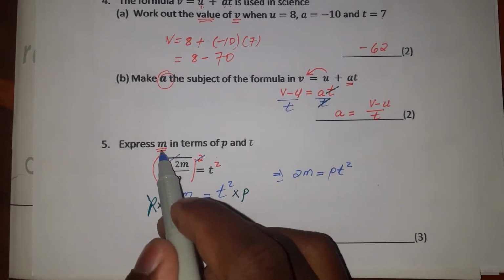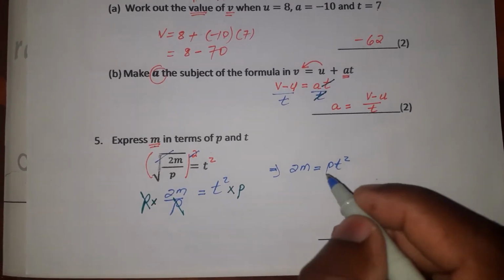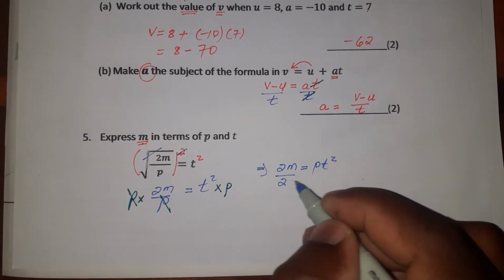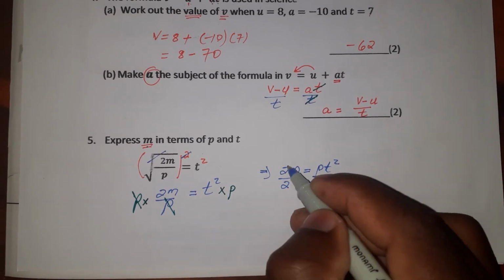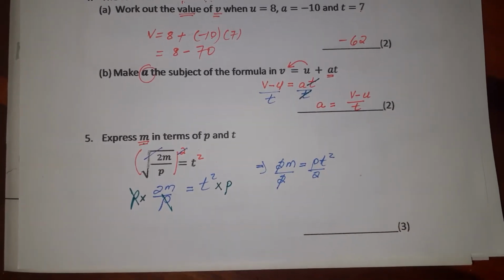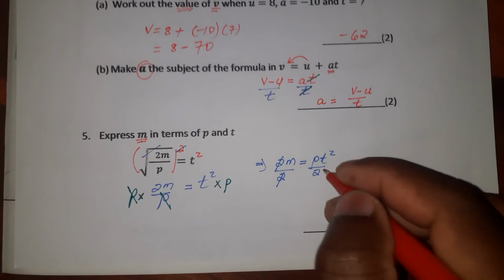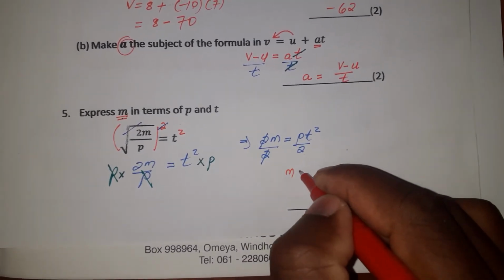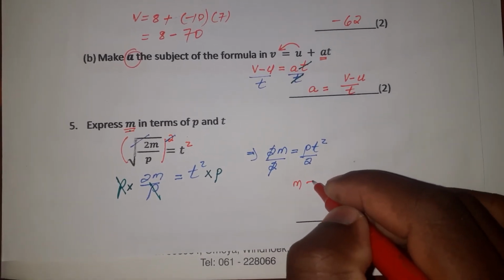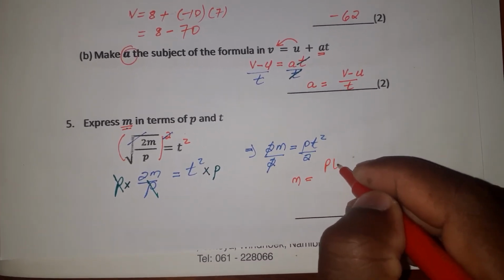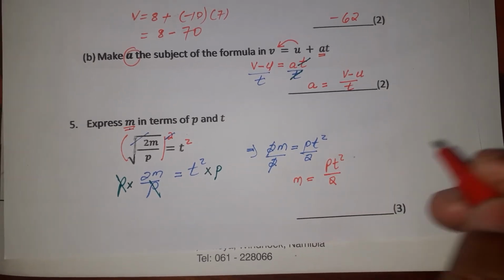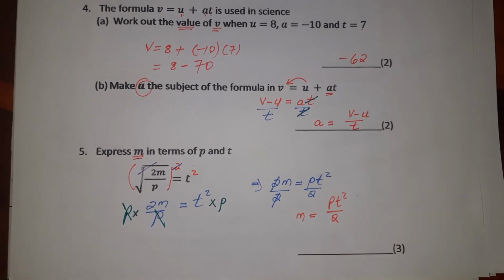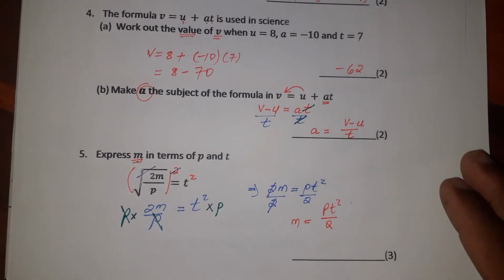But since you are looking for m, which should be the subject of the formula, the 2 should disappear. Therefore, we divide both sides by 2. And this cancels. And therefore, the final answer we have is m equals pt squared over 2.